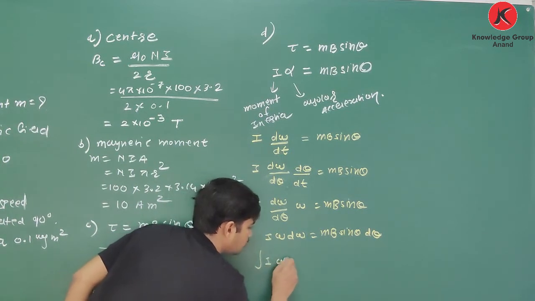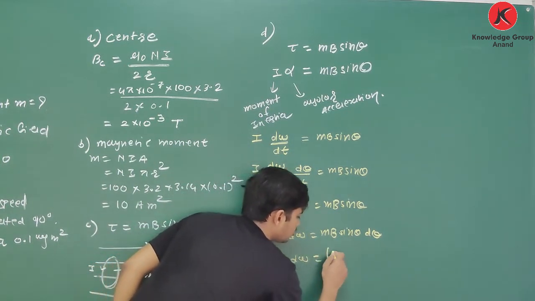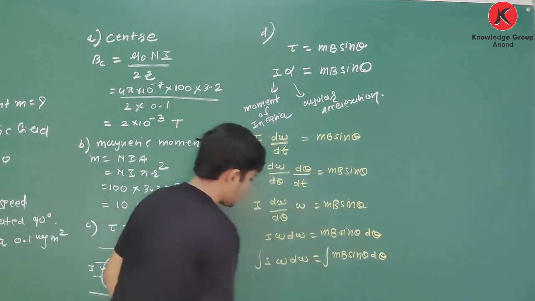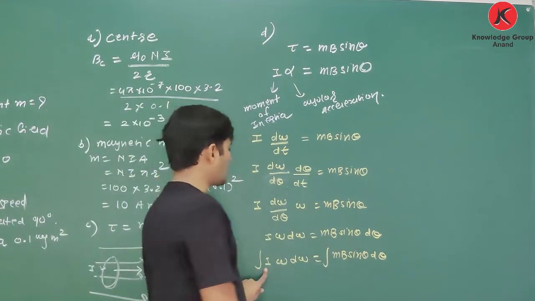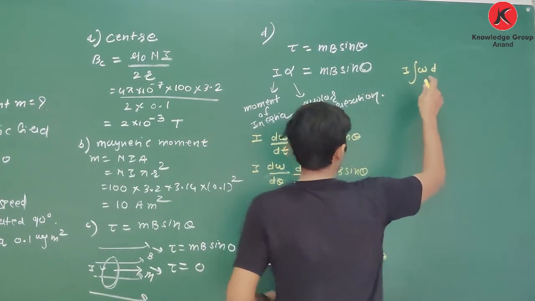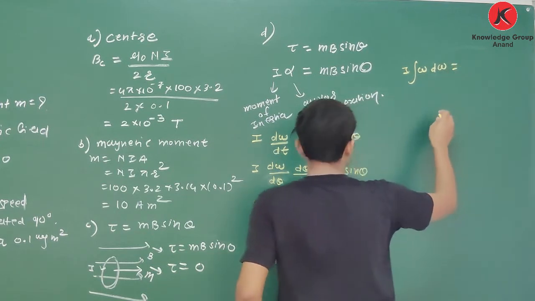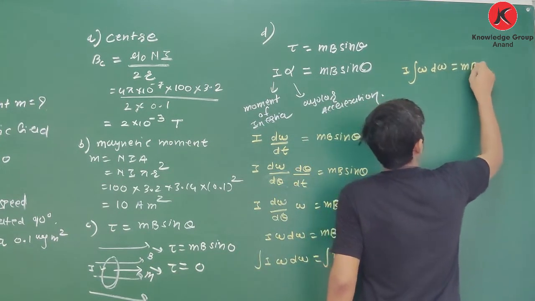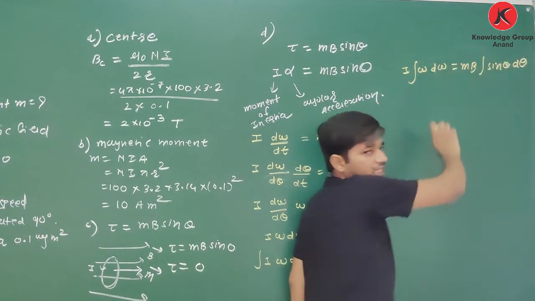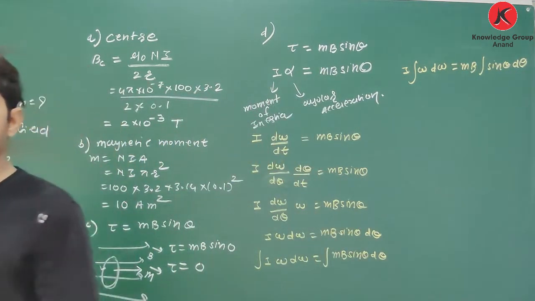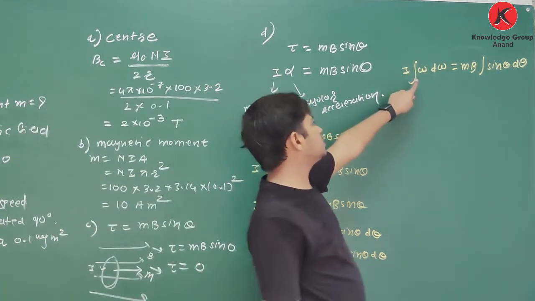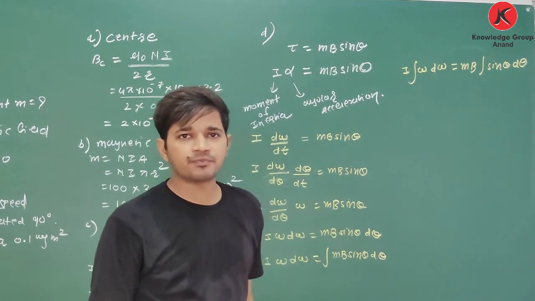I omega d omega is equal to the integration of MB sin theta d theta. I is constant, so it comes out of the integration, and MB is constant too. On this side the integration is with respect to omega, the angular speed.